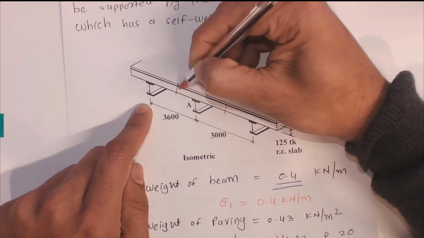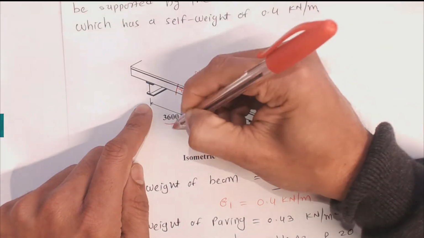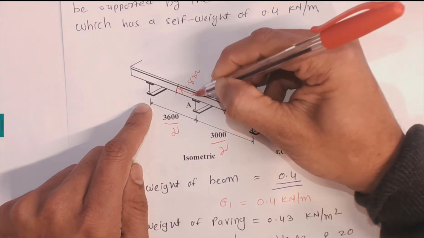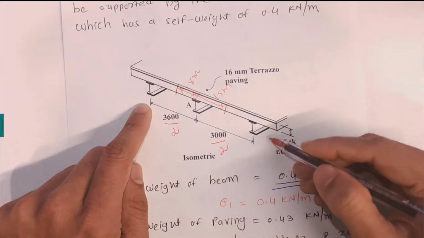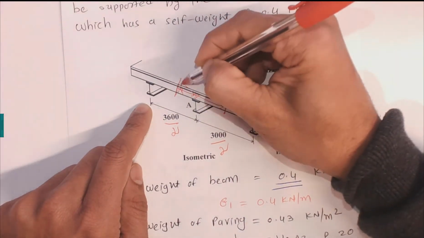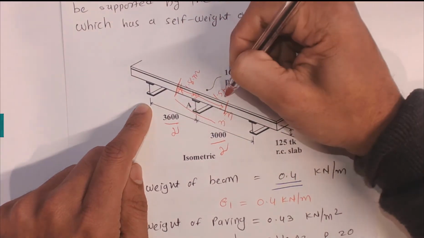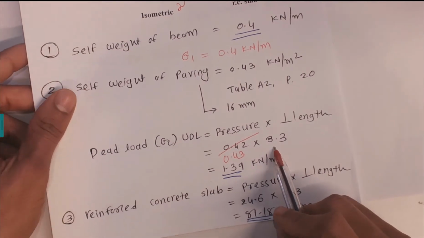This length would be 1.8 meters, which is half of 3.6 meters, and this length is 1.5 meters, which is half of 3 meters. So the total length for these steel beams is 3.3, which is 1.8 plus 1.5. So the perpendicular length is 3.3.